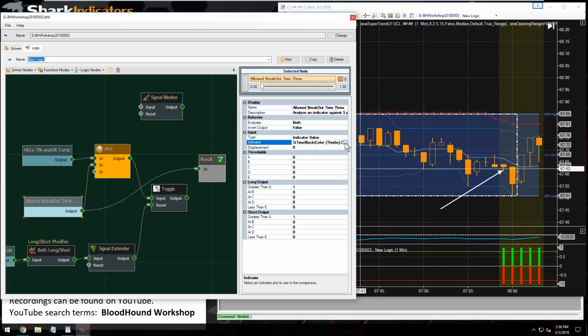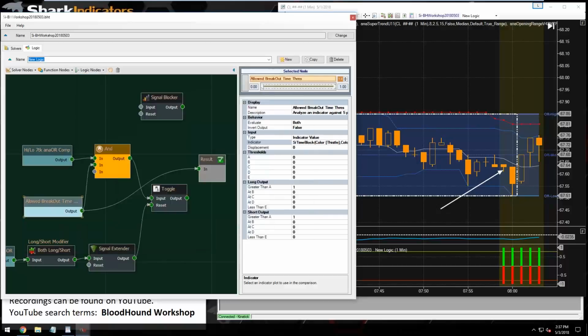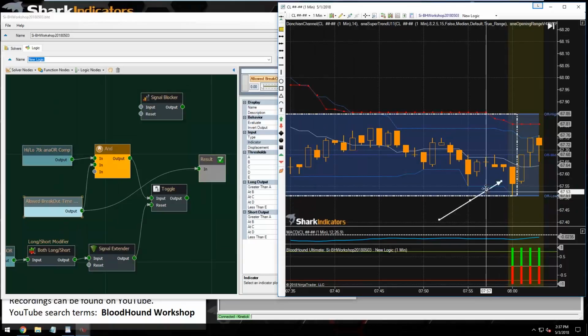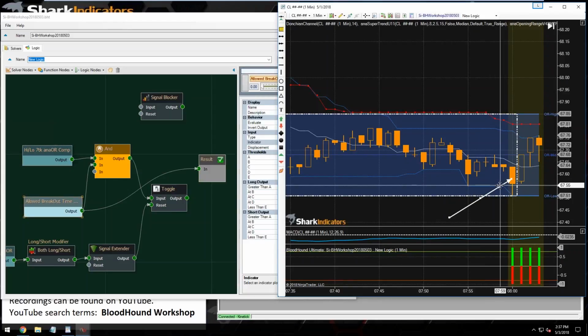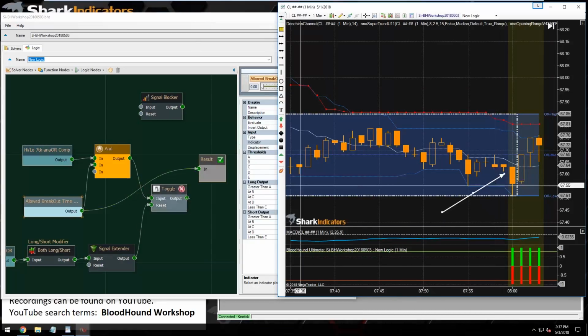So if we go into our time here, instead of 1 minute early, because NinjaTrader prints the closing time of the bar, we need to use 8 o'clock there instead. Okay, there we go, no output on this bar. It's only the very last bar, the very last 8 o'clock bar. So that should fix it.